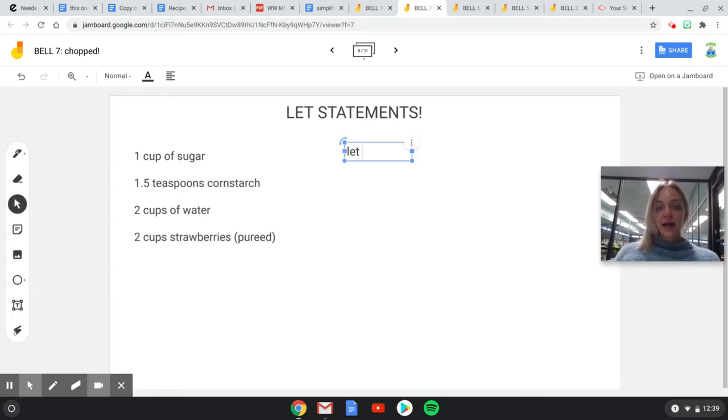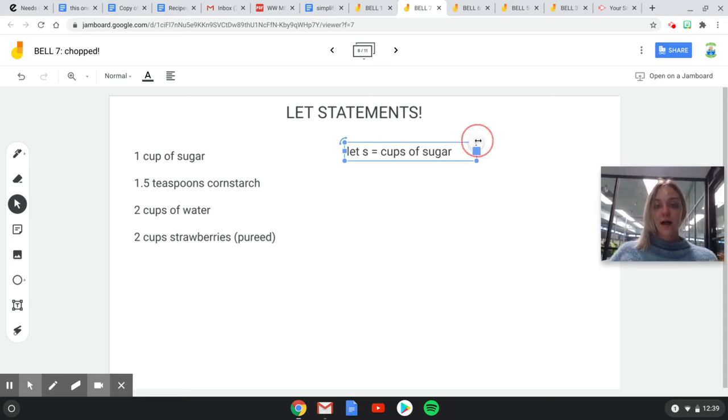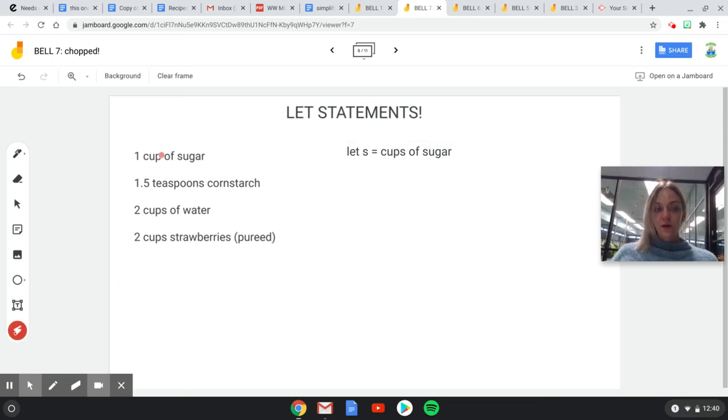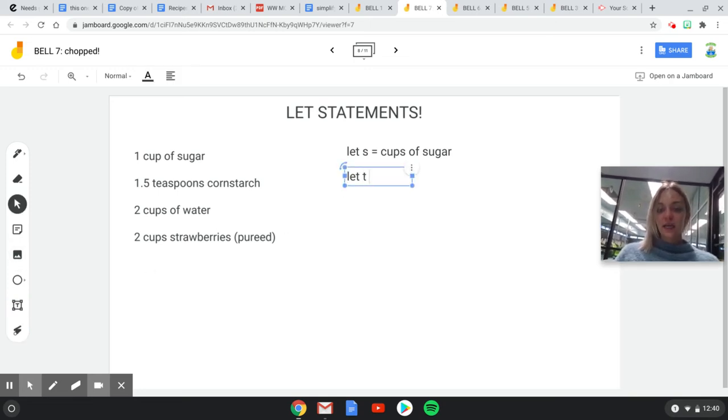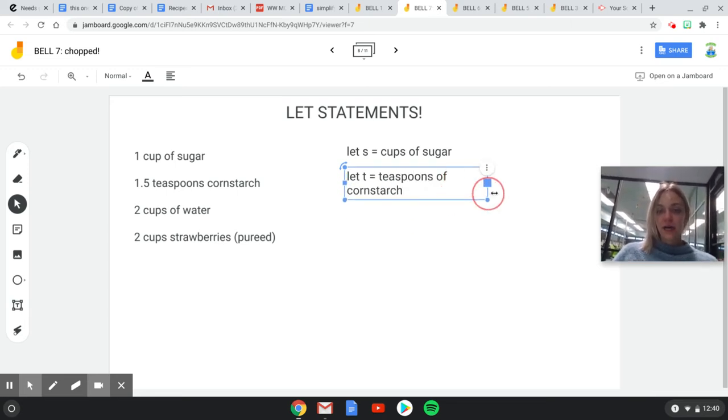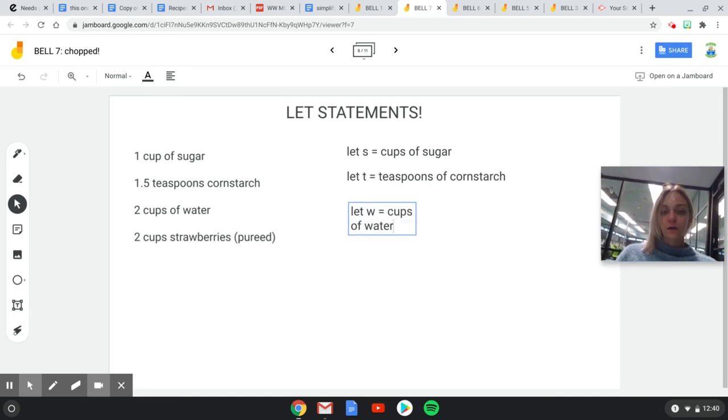So let's say we let S equal cups of sugar. We're picking a variable S, and that's equal to the units of whatever ingredient you have. So cups of sugar. The next one that I have are teaspoons of cornstarch. So let's say I pick T, let T equal teaspoons of cornstarch. For cups of water, I'll let W equal cups of water.